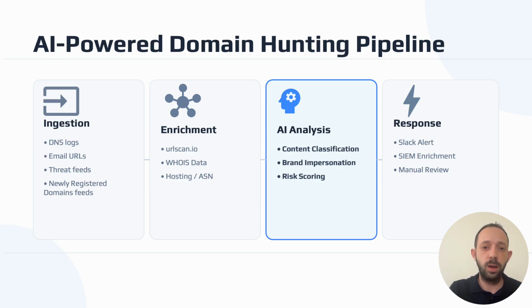Now, the final step of this approach is, of course, to react upon this analysis. So the AI will analyze the domains, and then all the malicious domains will be sent through a Slack alert to a Slack channel, where I can review or react upon these alerts, or even send them directly to my SIEM or directly to my firewall rules, or even review them manually if I don't trust the analysis.